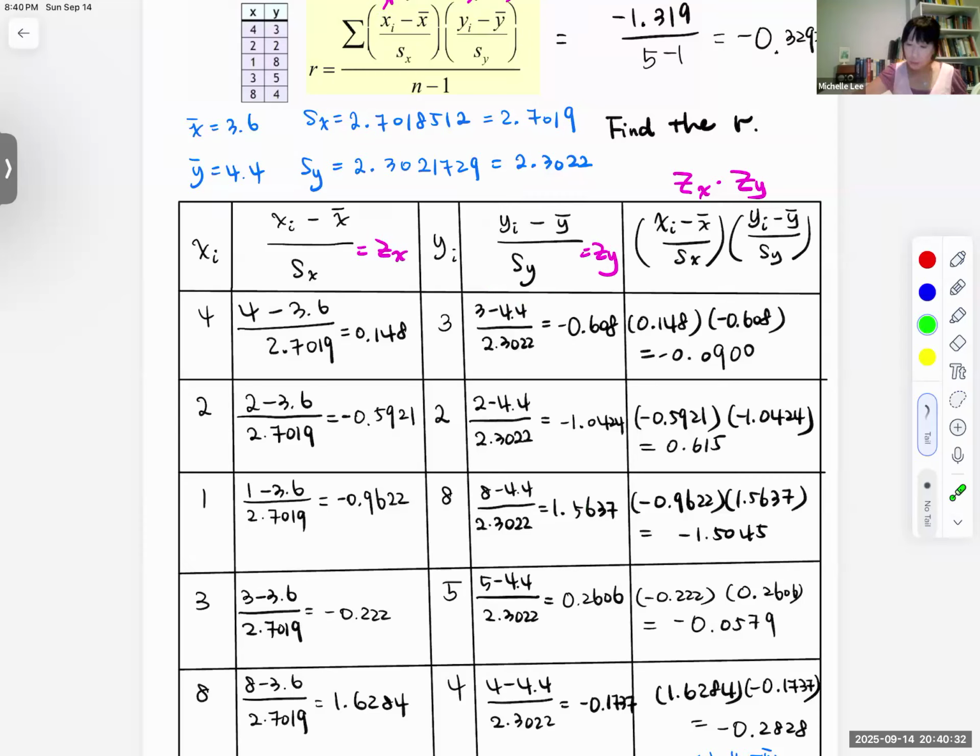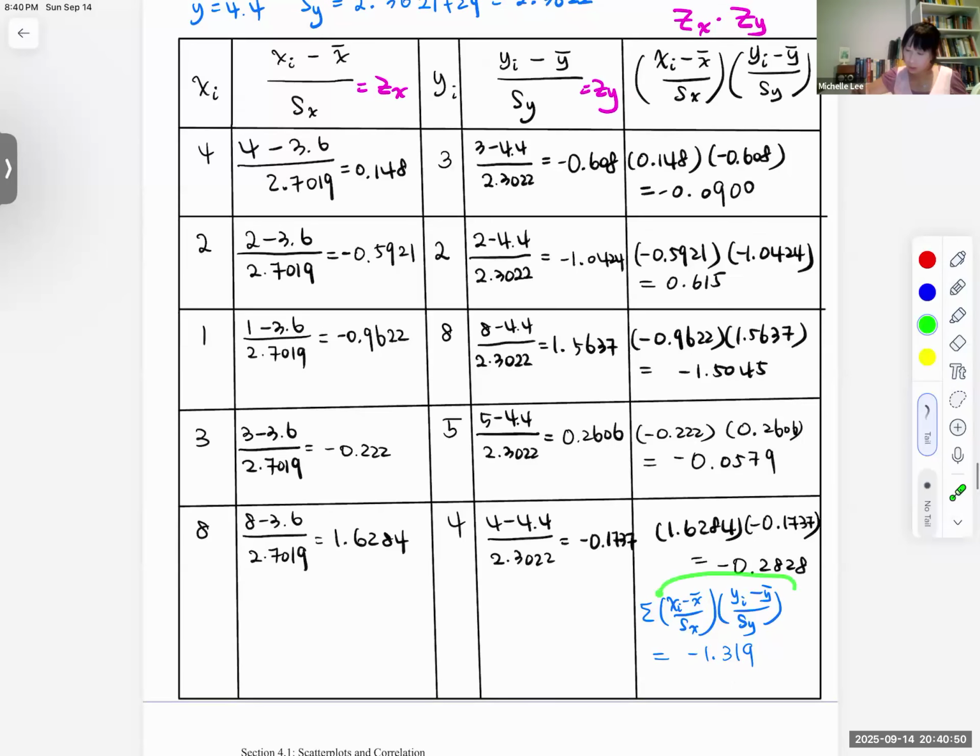Okay, now we multiply z sub x times z sub y, which is this formula, right? Yeah, we multiply, then we get that. All right, then we have a summation of that, right? So we make a sum of z sub x, z sub y.